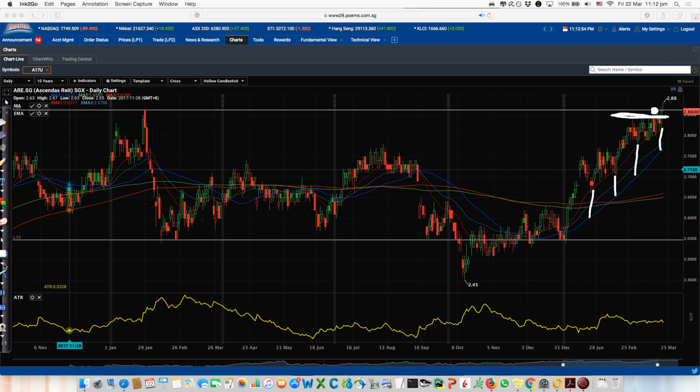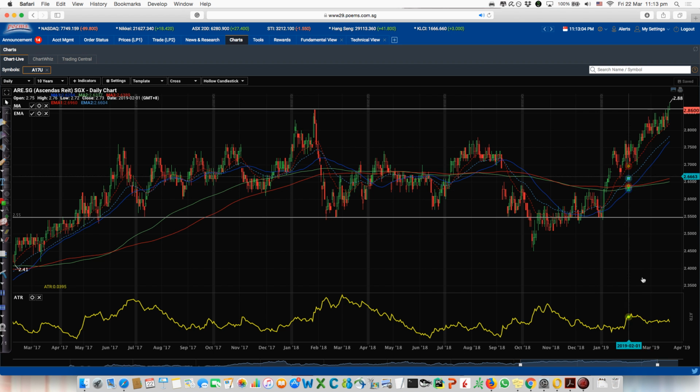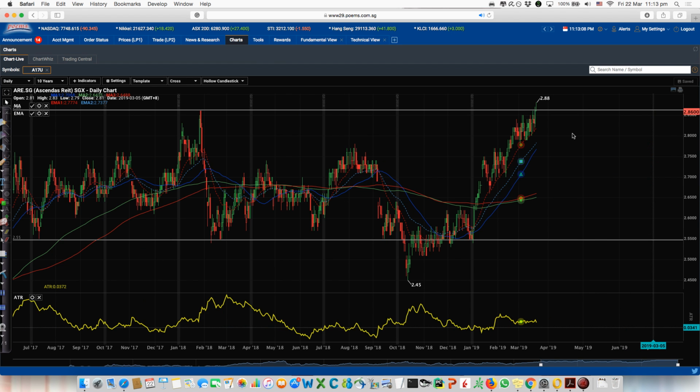So that was the reason why I decided to take profit on this REIT, that is still a very good investment, and my idea is that at some point when the price goes back, I will accumulate again.